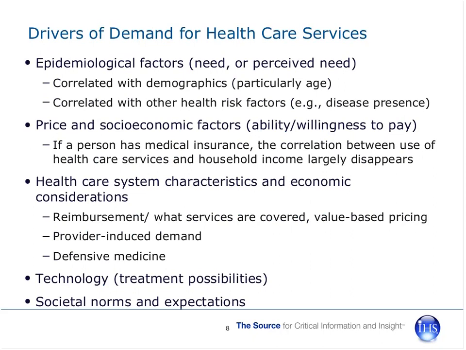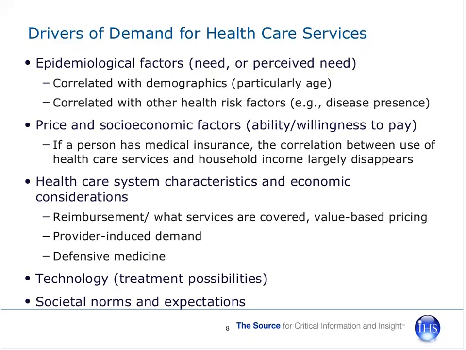But there's other factors that should be considered, both looking at forecasts over time, but especially when making comparisons across geographic areas, and that is disease presence and other health risk factors such as obesity and diabetes. These can vary substantially across regions and across communities within a region.